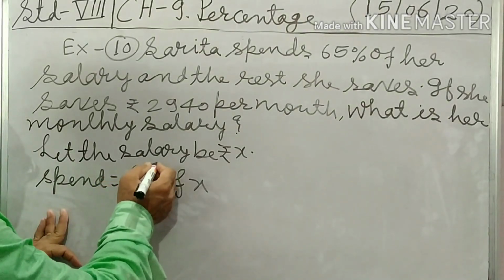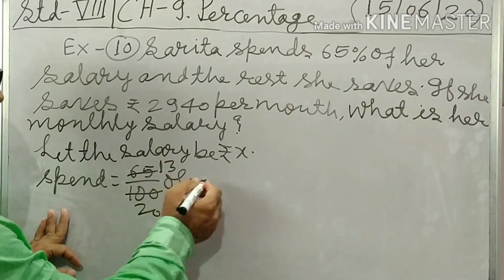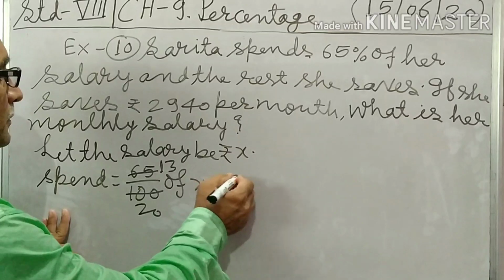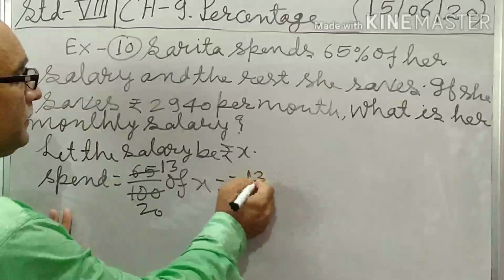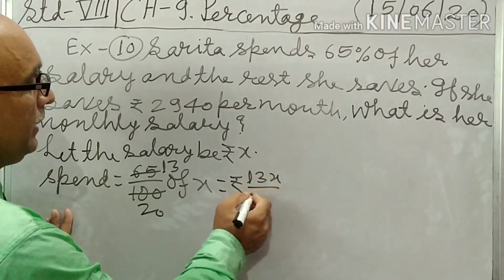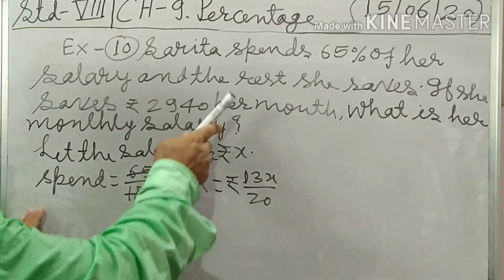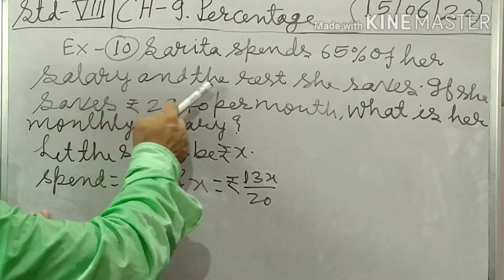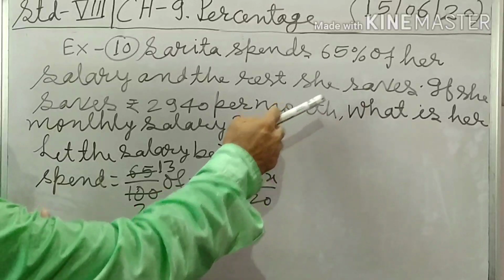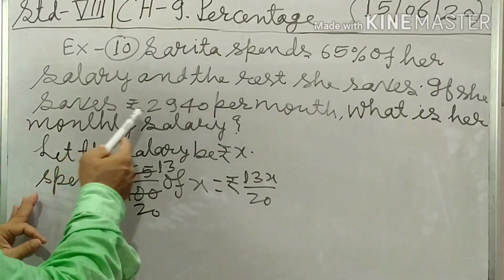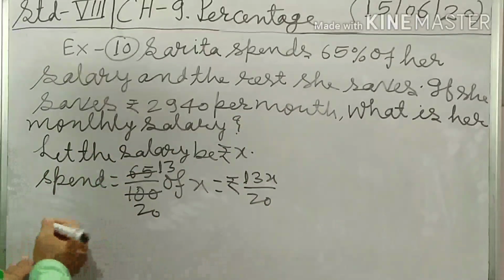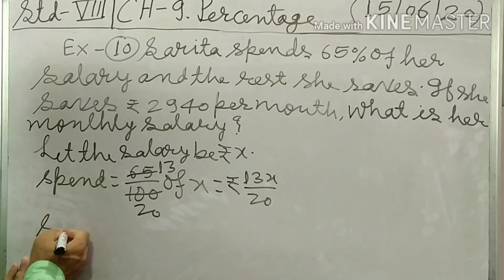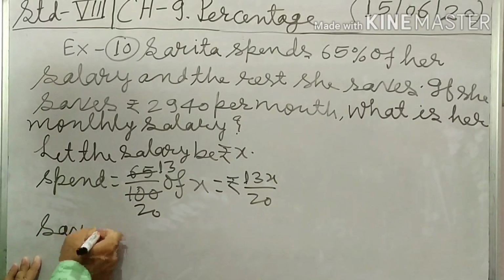Write it. 25 fours are 100, and 13 fives are 65, equal to rupees 13x by 20. And the rest she saves. So spend and saves: find saves.